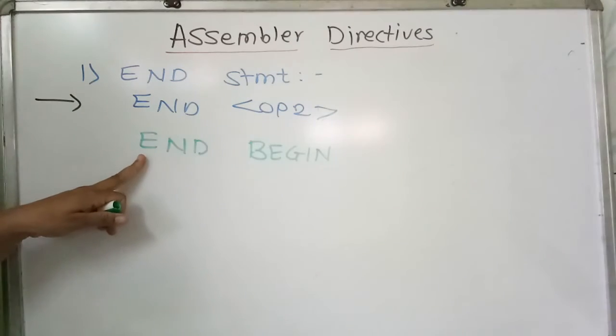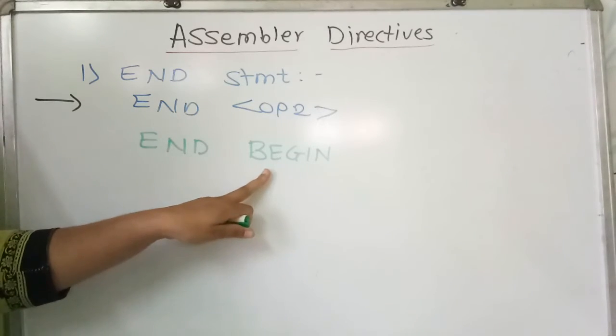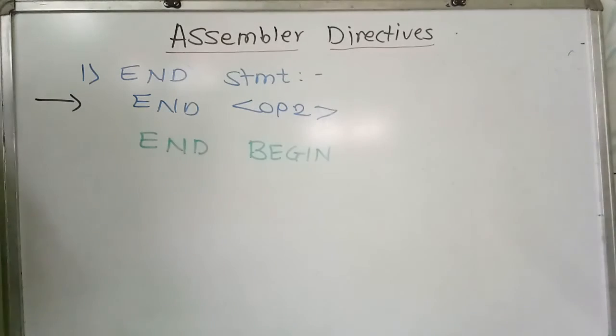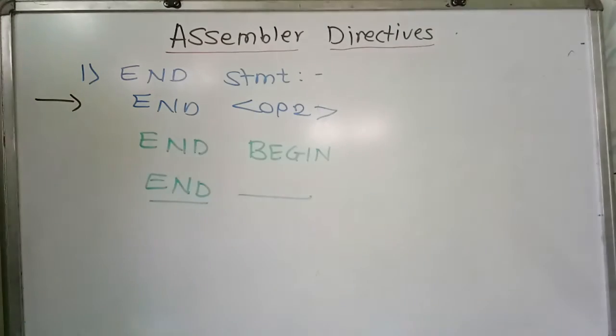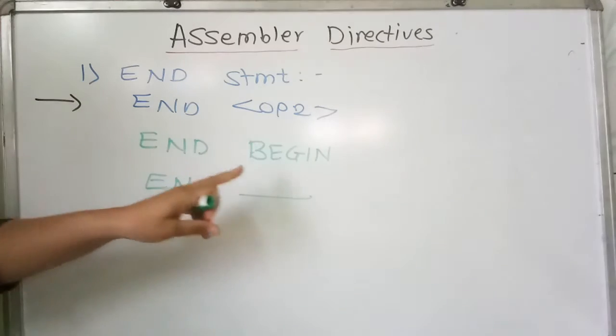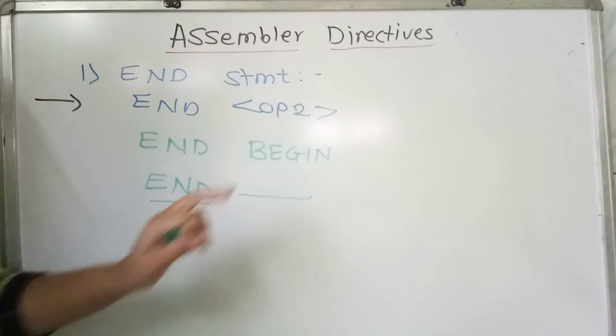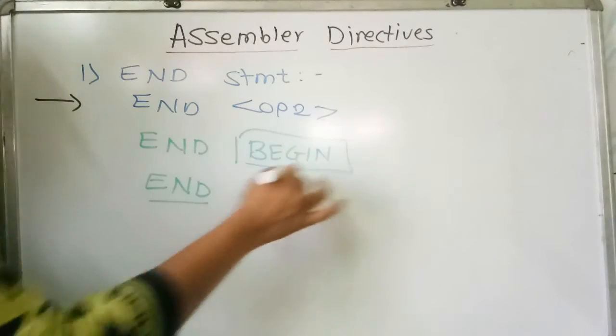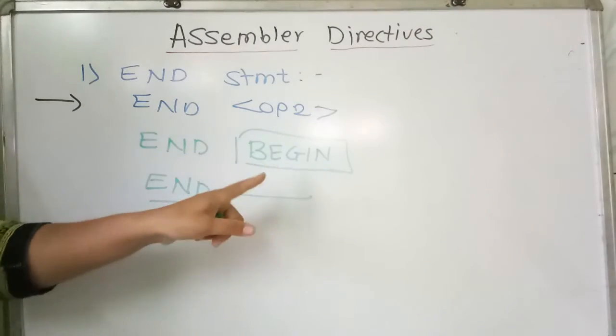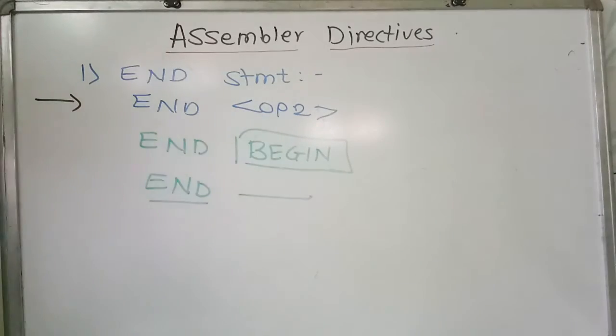And if we write only end and do not specify any operand, then the execution control should transfer to the first instruction of the target program. Means by default it will start from the target program's first instruction. But when we specify the operand, then the value of the operand will be the next starting point after this end statement or end directive.